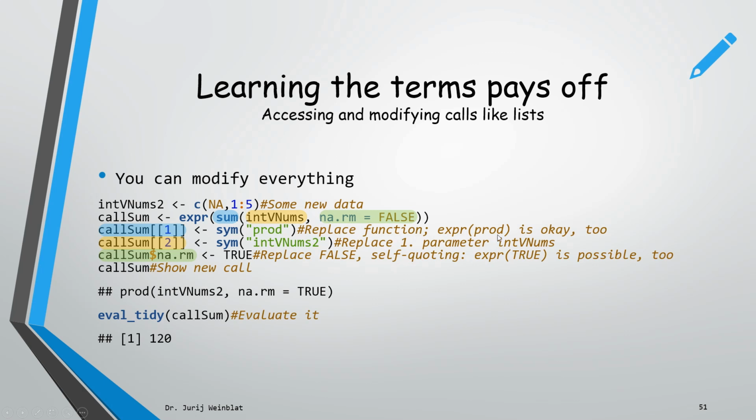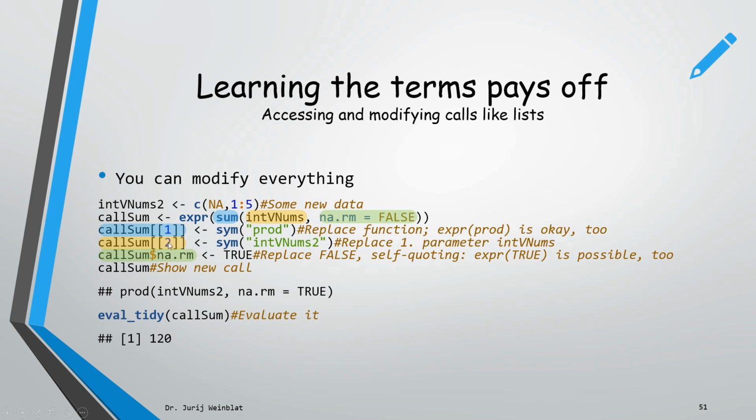Or what you can also do is use expr to specify the new name. If you do that, please do not write it with quotation marks. It's fine too, but I rather prefer the sym syntax because that really makes clear that you are modifying a symbol, and because you specify position number 1 of this expression here, it is clear to R that the function itself needs to be modified.